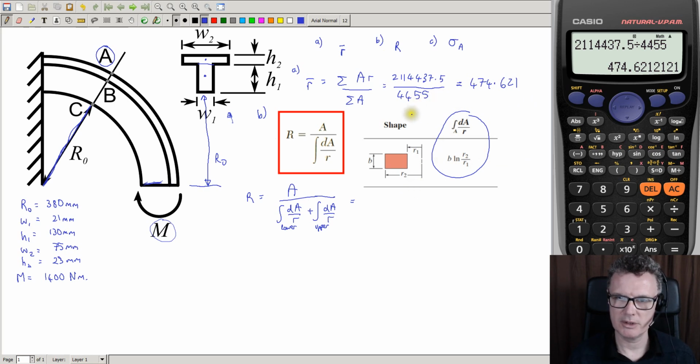So the upper bit is going to be the area. So 4455. Obviously, I'm working in millimeters. Should have said that. And now use this formula here. So for the lower section, my width is 21. Natural log.